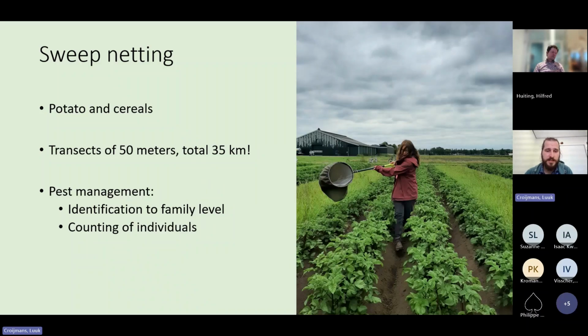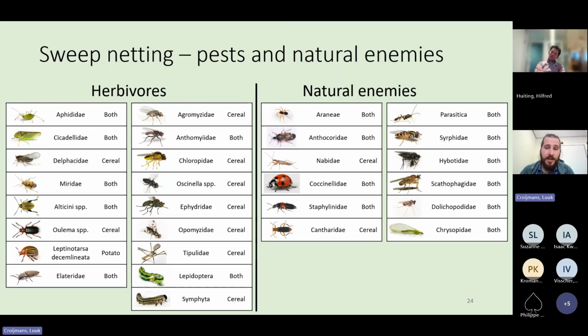So we identified the insects that we caught to family level mostly, and counted how many we got of them, so that we actually have an idea how that changes. And the nice thing in this research, what I often see in research is that they focus really on one insect species or insect group, and we actually could do analyses on a lot of different groups.